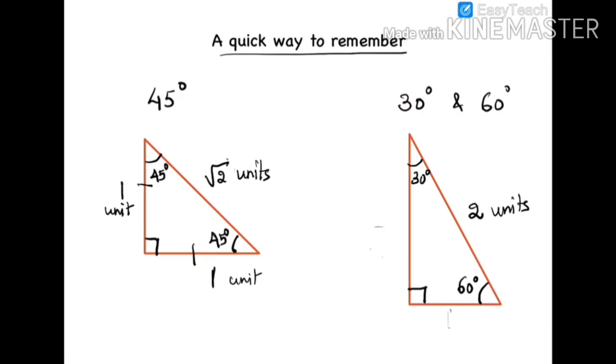The shortest side is going to be always opposite to the smallest angle, that is 30 degrees. So this side that is opposite to 30 degrees will be marked as 1 unit. And now the remaining side, which is opposite to 60 degree, will be marked as root 3 units.